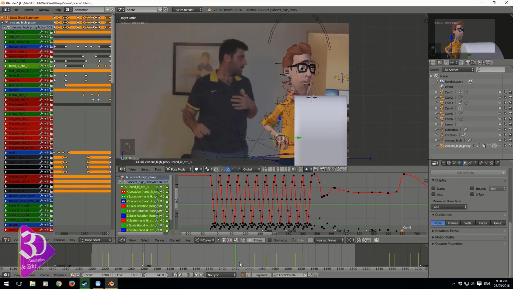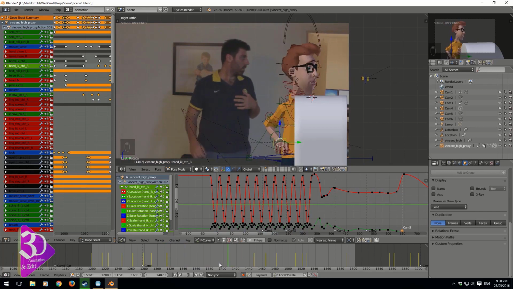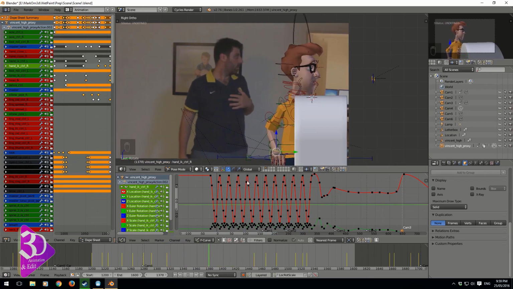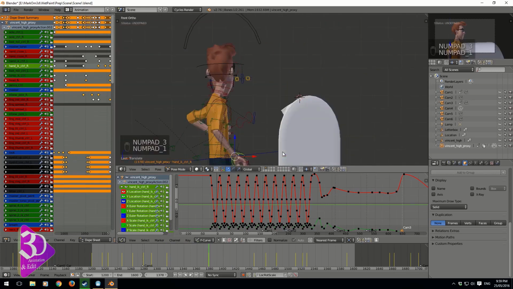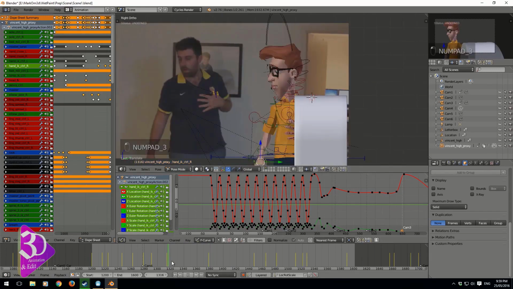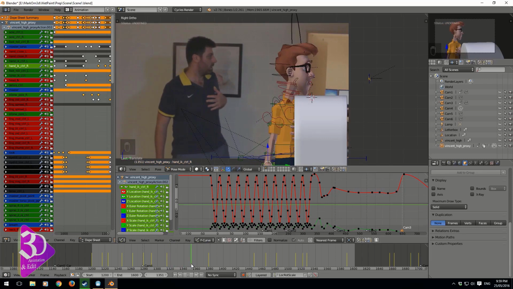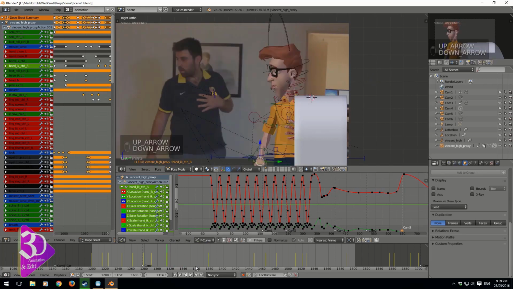So the hand, he's lost control of the hand. I'm already, at this point here, lifting the hand. So let's bring that hand back down, because I'm not thinking about the hand yet. The hand kind of guides itself. Now it's locking at this point here.